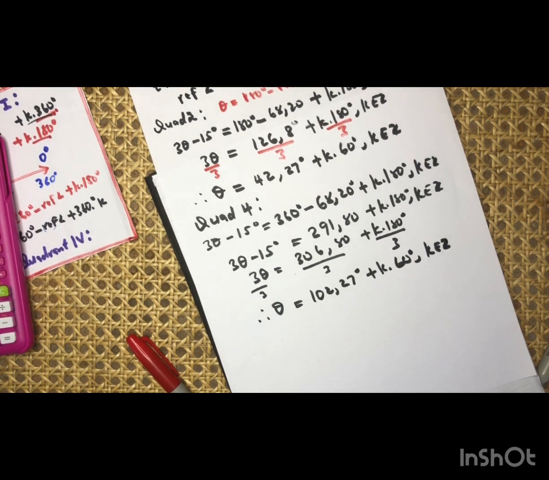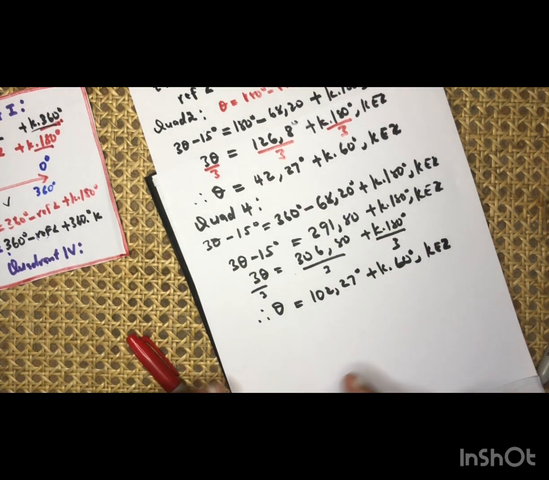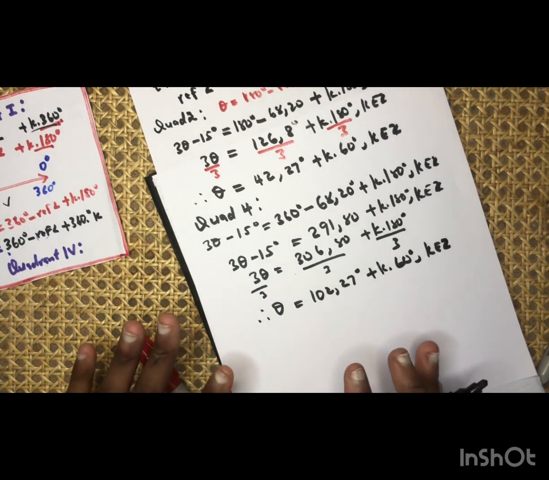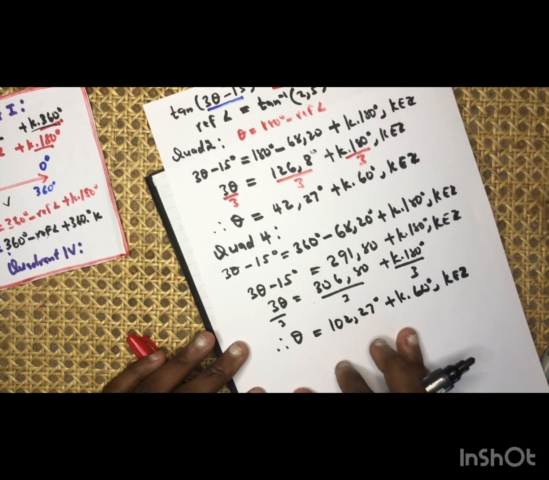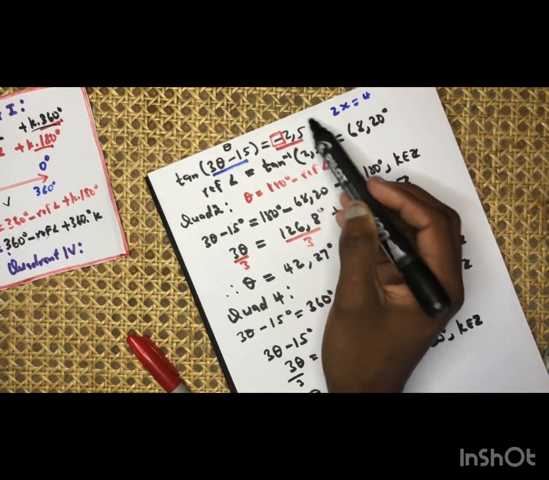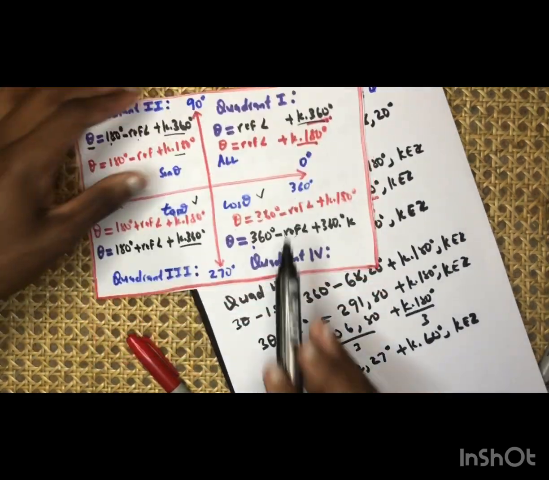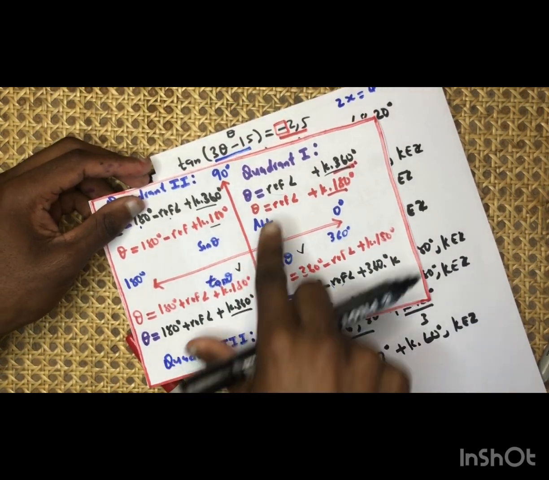Understand? I hope you do, guys. This is the basic concept that you did in grade 11. So these are our solutions for now. For tan, because the numerical value here was negative, if it was positive, the only thing that we need to do is to find the reference angle and go where tan is positive only.